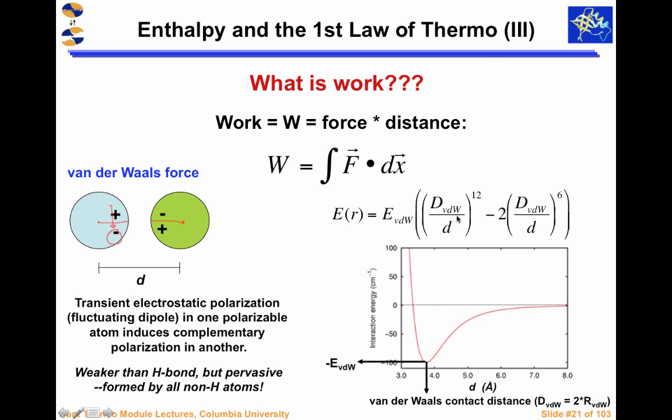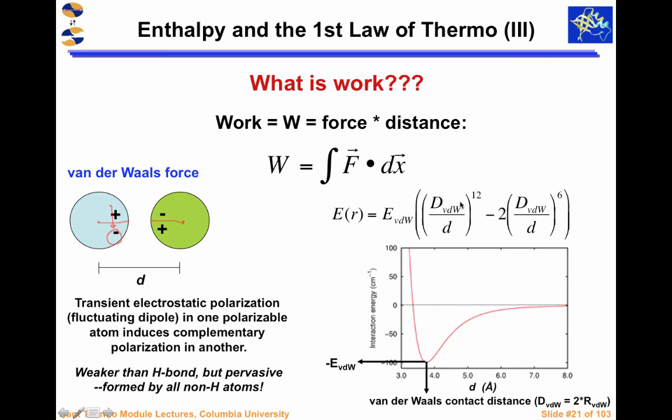If you look at how this equation will behave, when you go to distances below d van der Waals, the ratio, of course, will be greater than 1. And so you'll have a positive term that will be something greater than 1 to the 12th power, minus 2 times a negative term that is something a little bit over 1 to the 6th power.